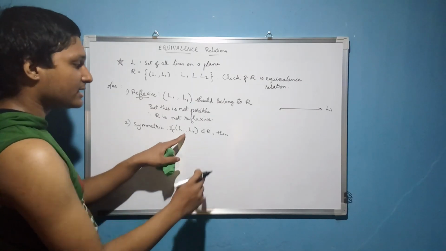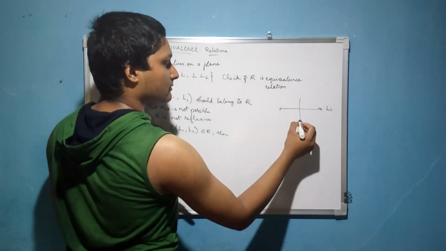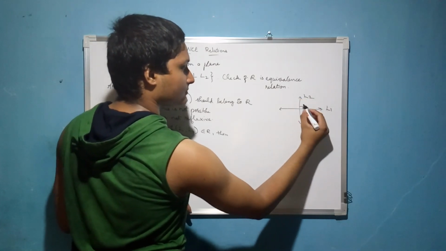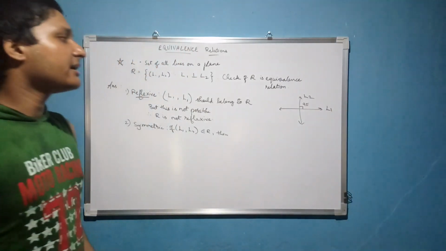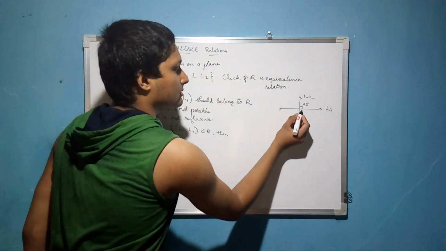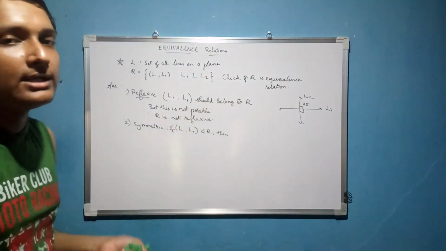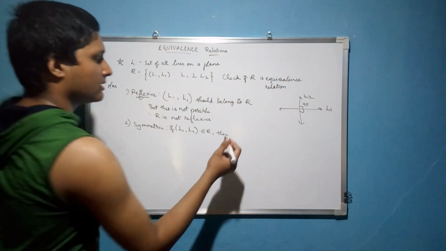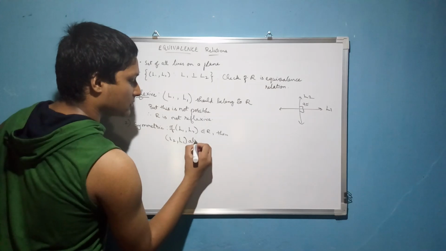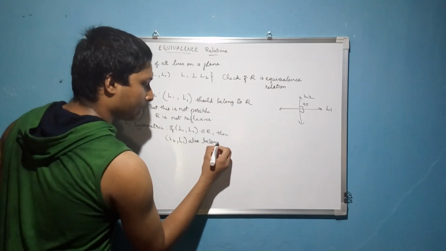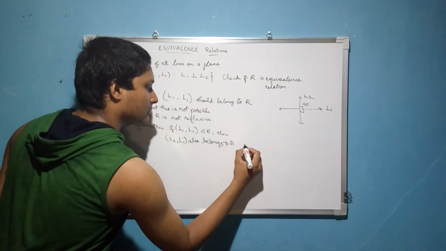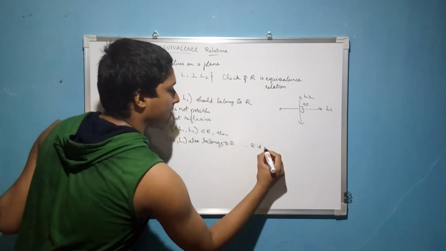This belongs to R, that means it is already a perpendicular one, at 90 degrees. If L1 is perpendicular to L2, that means L2 is also perpendicular to L1. That means the same. Then (L2, L1) also belongs to R. Therefore, R is symmetric.